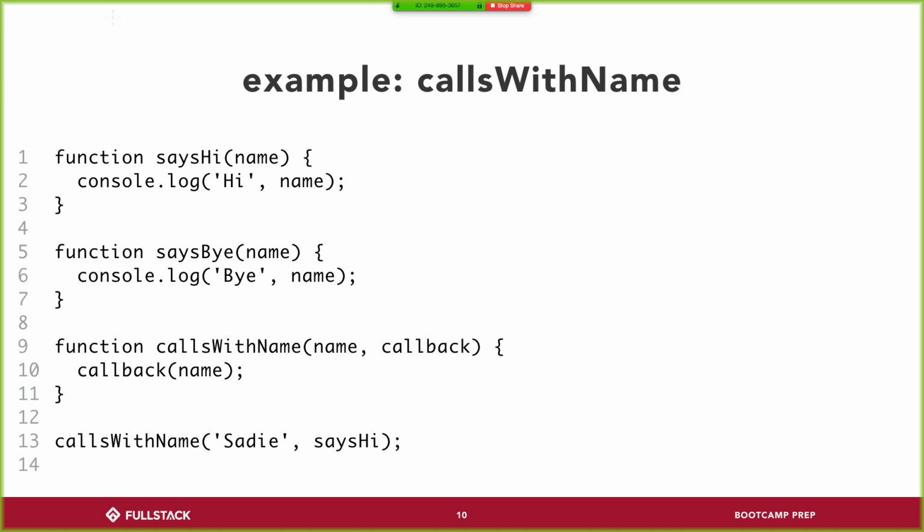We have the says hi function that we're passing into calls with name, and then we're actually calling calls with name. So it's going to call the says hi function. Yep, it'll say hi Sadie, because it calls that function, even though it's not named says hi anymore. We're not directly calling it by the name that it's defined as, but callback is just another name for says hi. They both point at the same function.